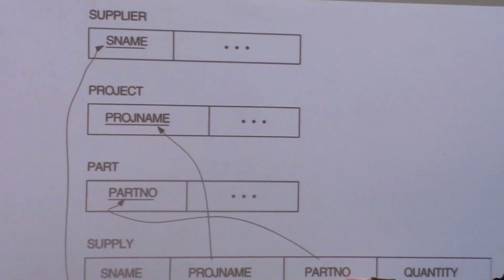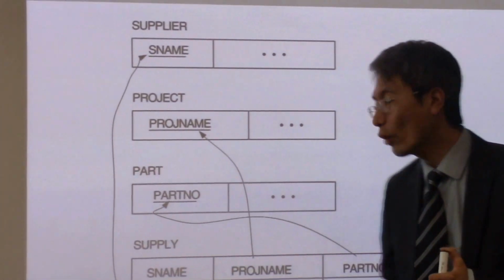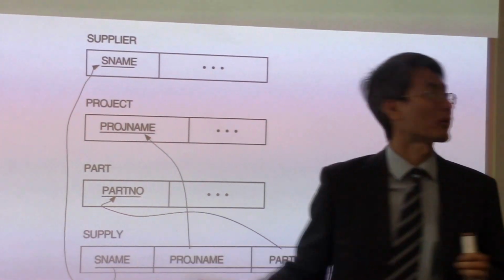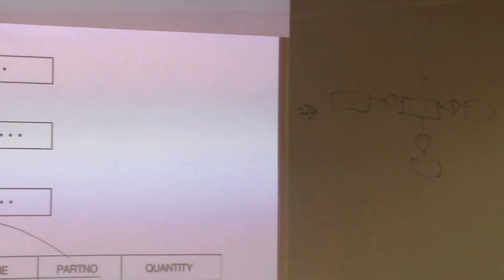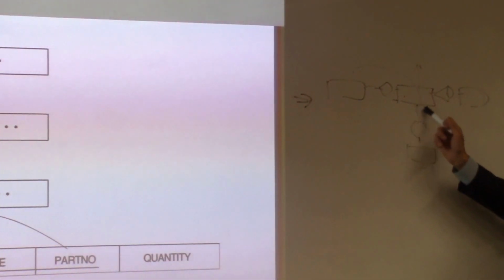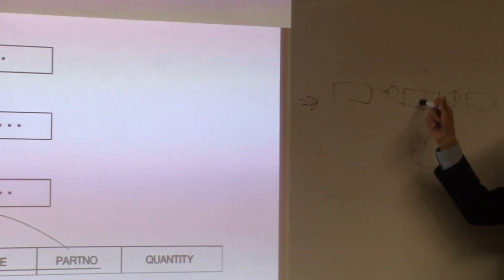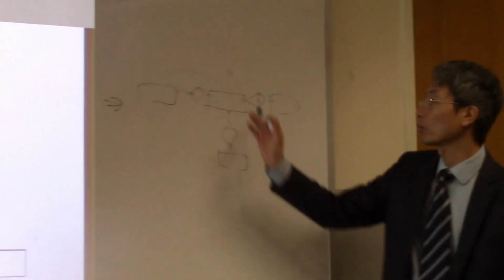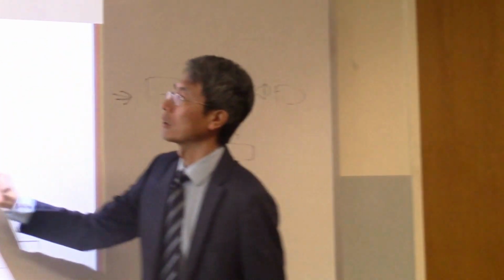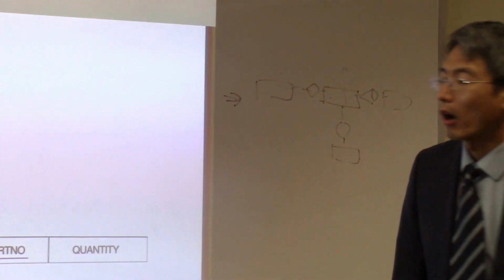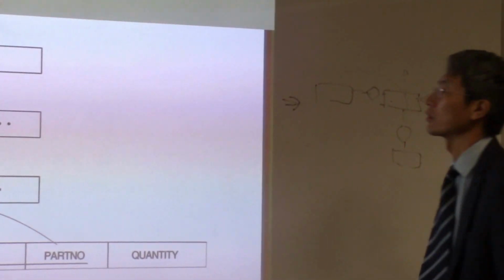So you should have the supplier name, project name, and part number as a key to identify this. Okay. So you can convert the ternary relationship by adding an additional entity and 3 binary one-to-many relationships. So you can address the problem of the ternary relationship.